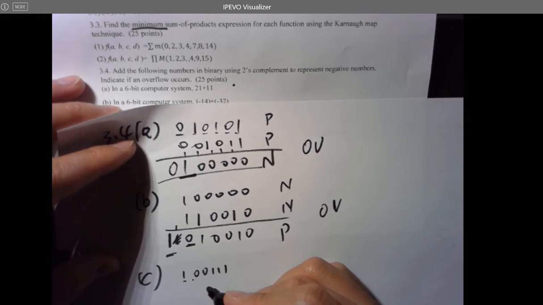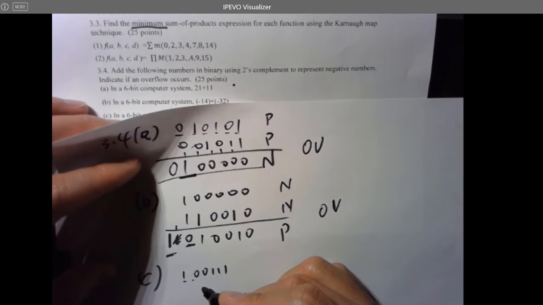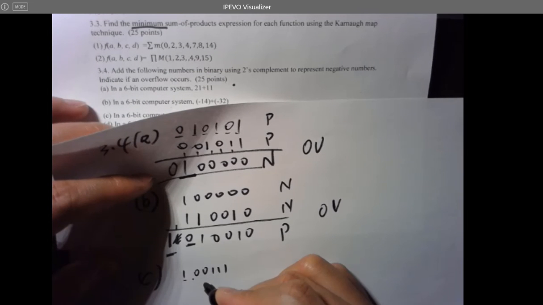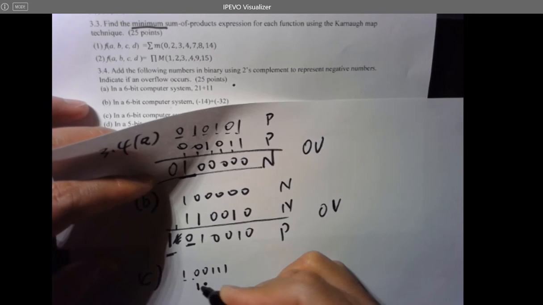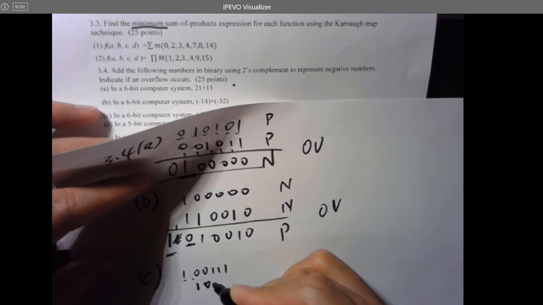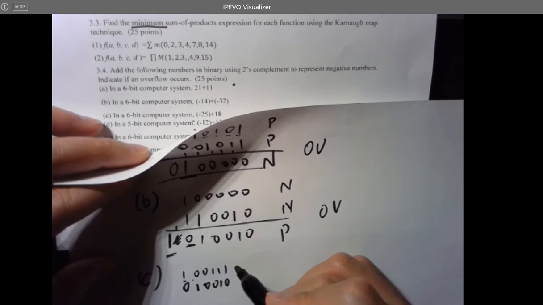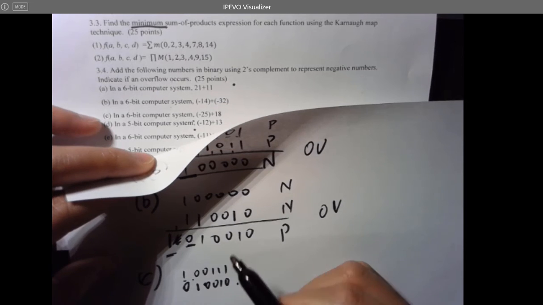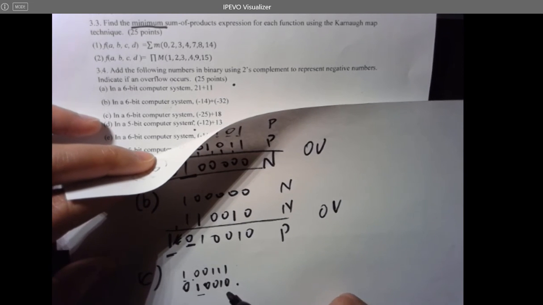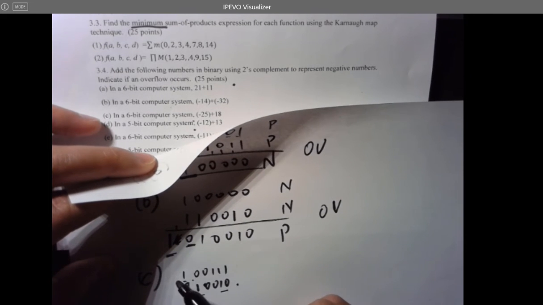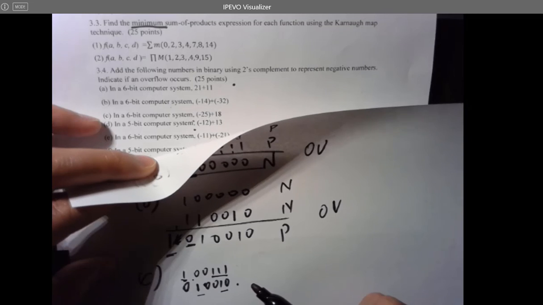For 18, you need a positive 18, so you need a 16 plus 2. Let's verify it. 16 plus 2 is 18. Minus 32 plus 7 is minus 25.